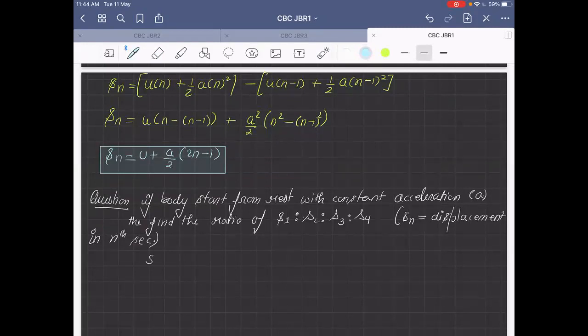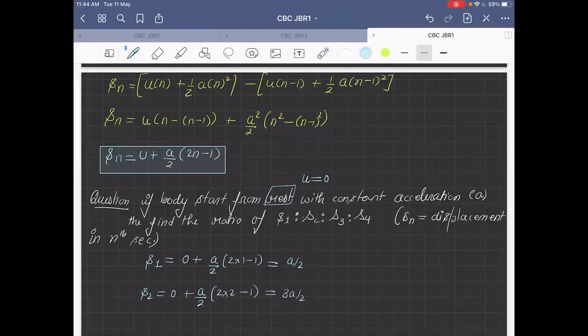Since the question says it started from rest, which means initial velocity is 0, right? So here S1 is going to be 0 plus A by 2 into 2 times 1 minus 1, which is A by 2. Then S2 is 0 plus A by 2 into 2 times 2 minus 1, which is 3A by 2.